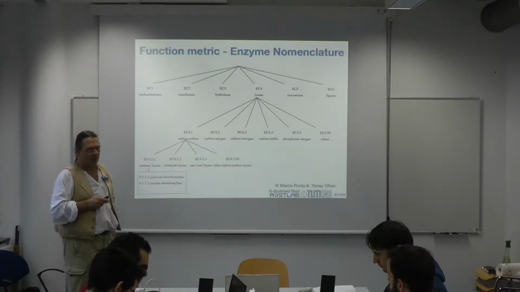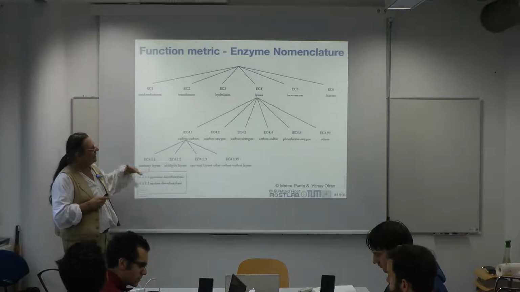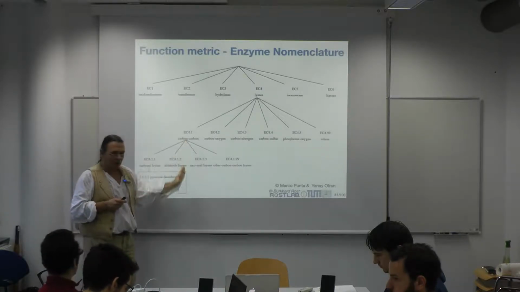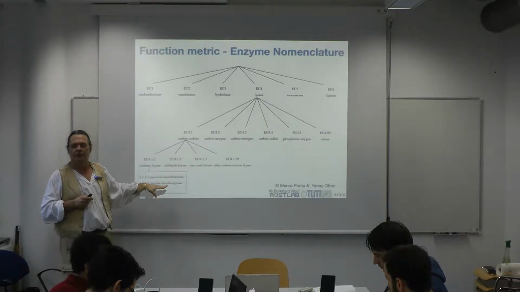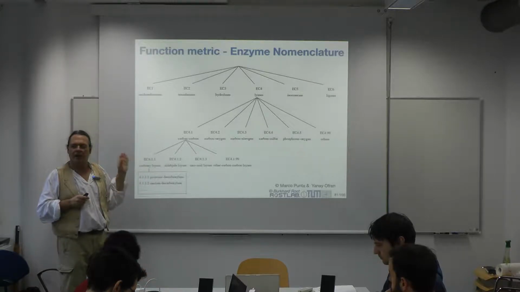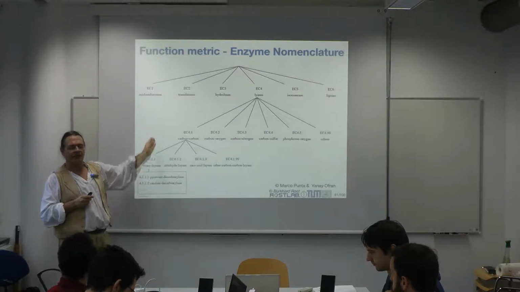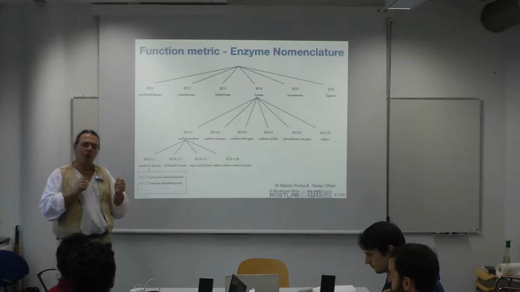The way this is organized is strictly such that, first of all, we have always 4 levels. Okay? There's no other enzyme. Enzymes are either classified or not. If they are classified, they are put into these numbers. Secondly, there's a 1-to-1.